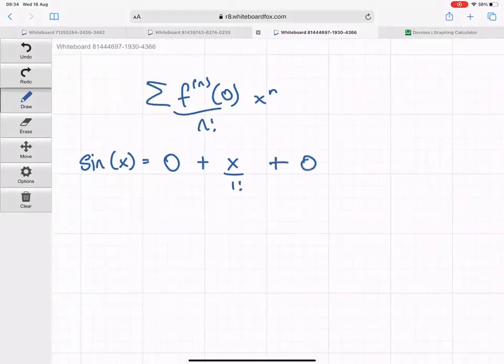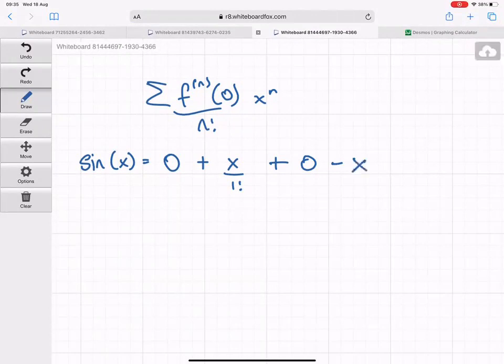Next term will be 0 again. Next term will be an odd power again. But this time it will be negative because I've differentiated minus sine to get minus cosine. Minus cosine of 0 is minus 1. And this is the fourth term, so it'll be the third term: 0, 1, 2, 3.